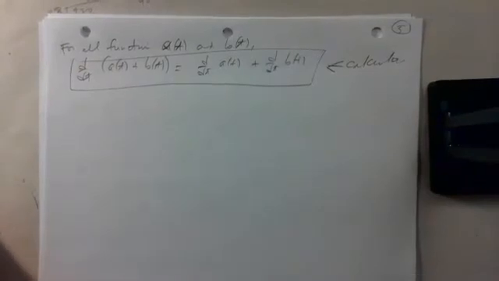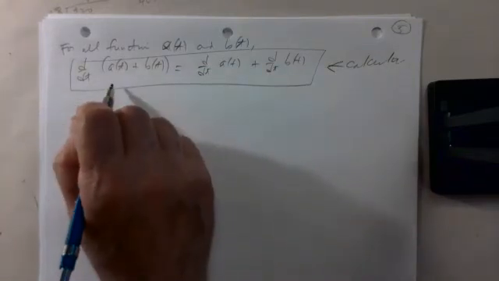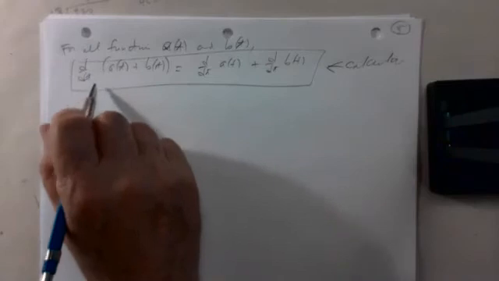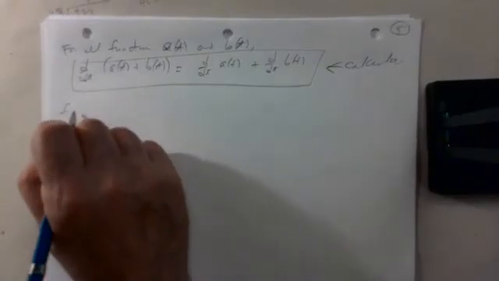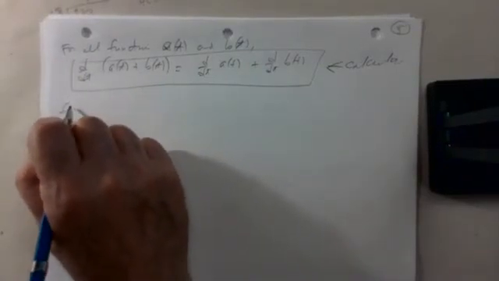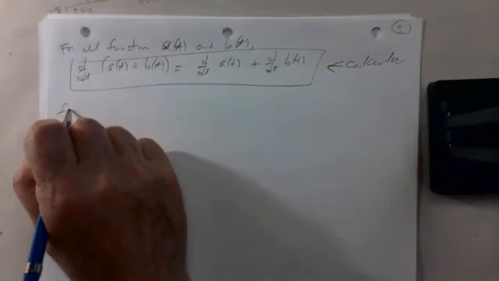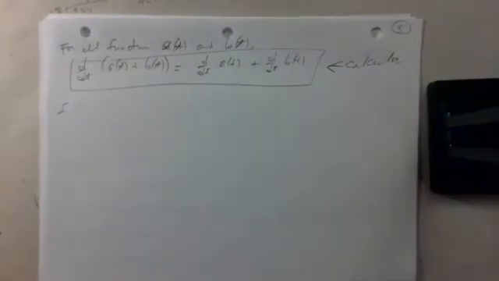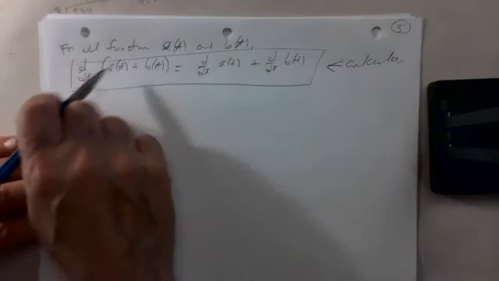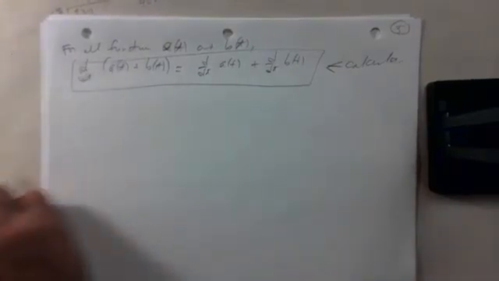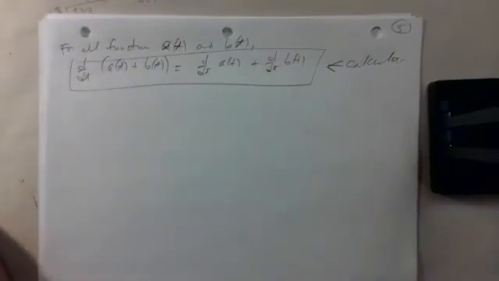The derivative of the sum of two functions is the sum of the derivatives. This says exactly that if f is the function differentiation, then the derivative of the sum is this. This says exactly that differentiation is a homomorphism in the group of polynomials, actually in any group of functions.